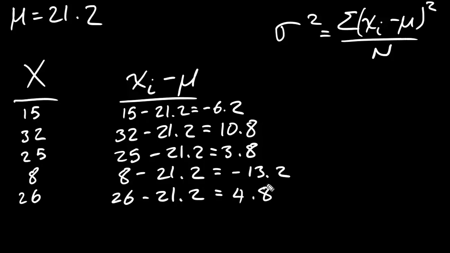Once we have that, we are going to want to square those values. I'm going to give you a little bit of time to write those down so we can clear this off. Or you could just pause if you haven't gotten them yet.